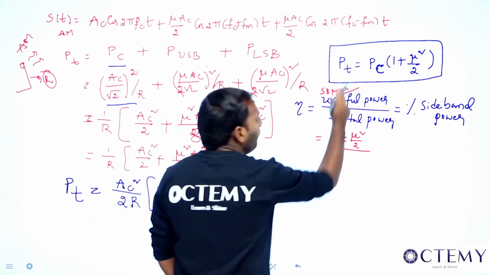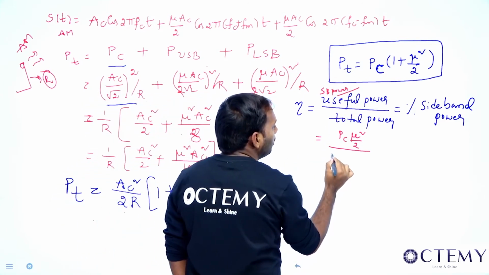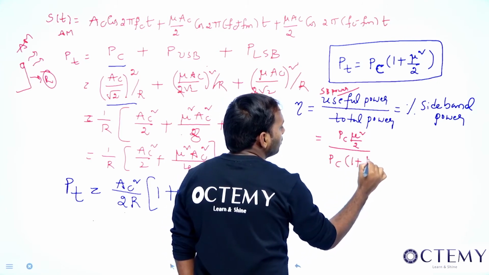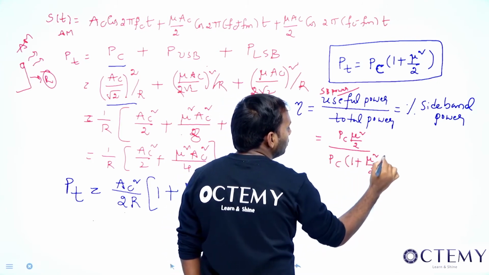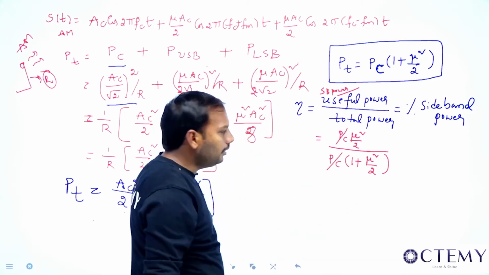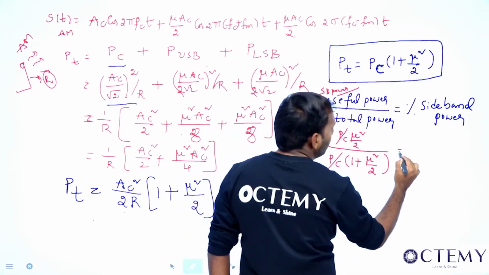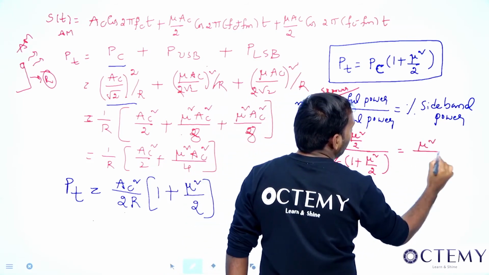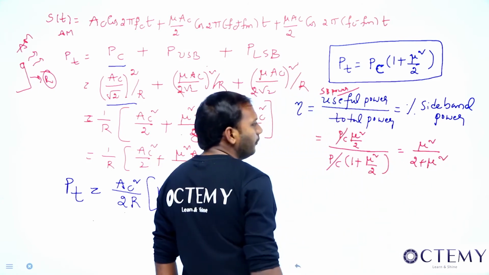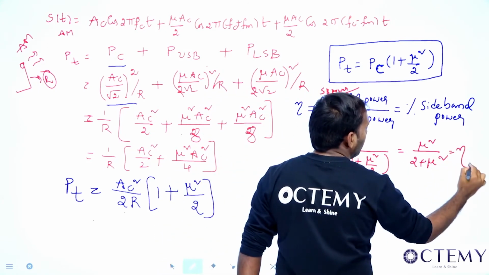Total power is PT. PT means what? PC into 1 plus mu square by 2. That's all. So PC gets cancelled, and here you get mu square by 2 plus mu square, which is the efficiency.